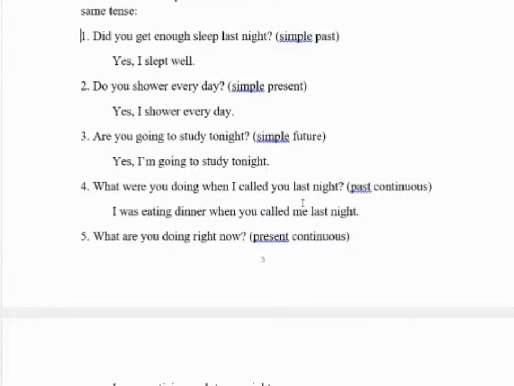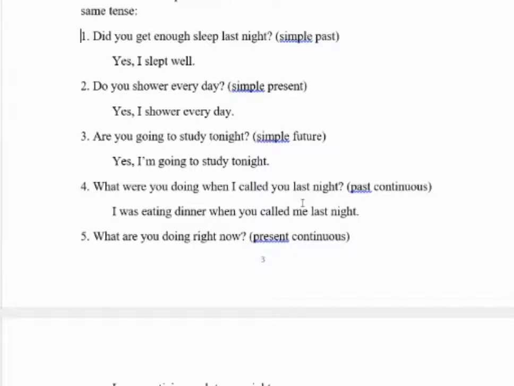Number 3: are you going to study tonight? Use simple future. So with the future, you either use will or going to. So the answer: yes, I'm going to study tonight. You can say I will study tonight. So either going to or will.